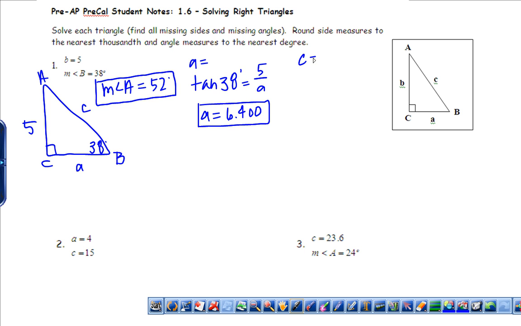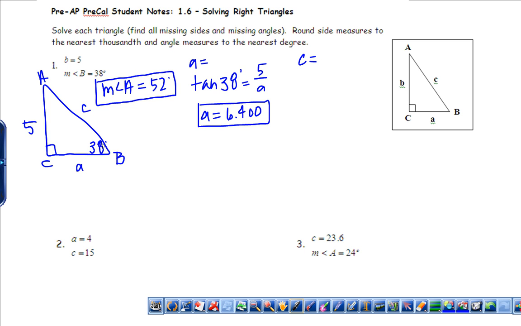Okay, let's try little c. If we want to use C, again, you could use A, but I'm going to stick with everything that I know is for sure. You can use 38 degrees, or you could use 52, because, of course, that's a give me. So in order to find C, that's a hypotenuse. So you could use sine, or you could use cosine.